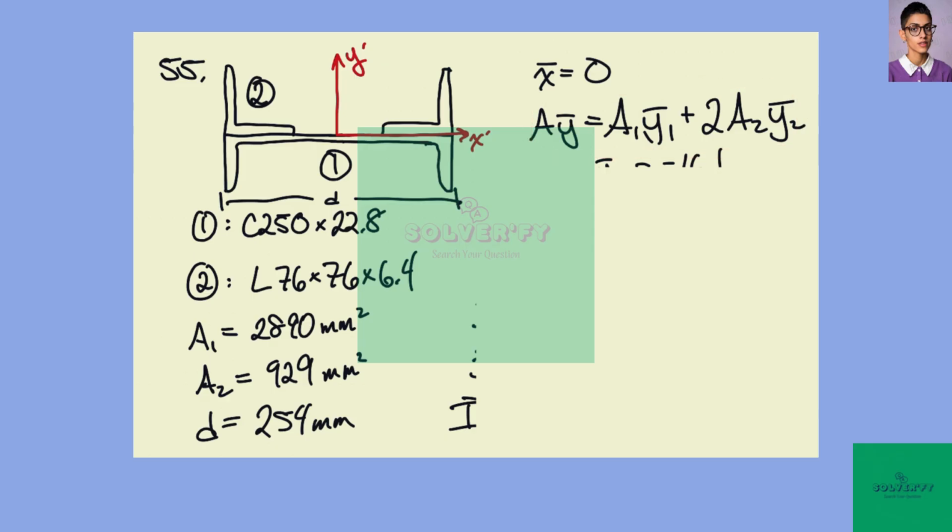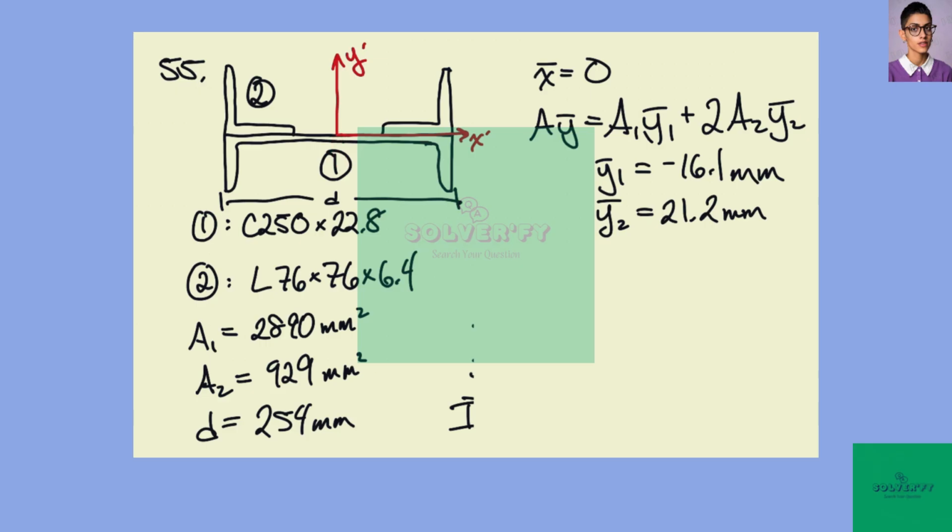Okay, we just have to remember that we have two of these, so we need twice this, and we can look up this and we can look up this, and when we do that we find that Y1 bar is 16.1 millimeters, but it's negative, it's down here.